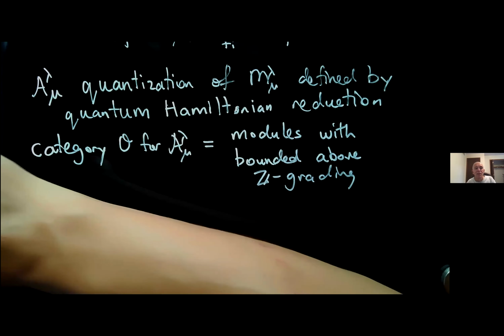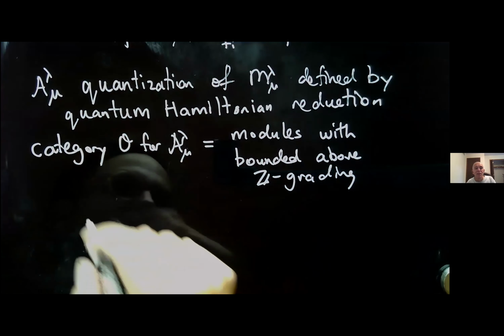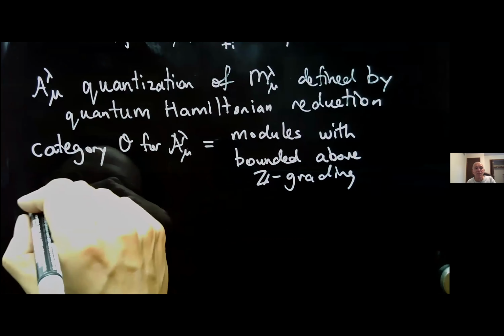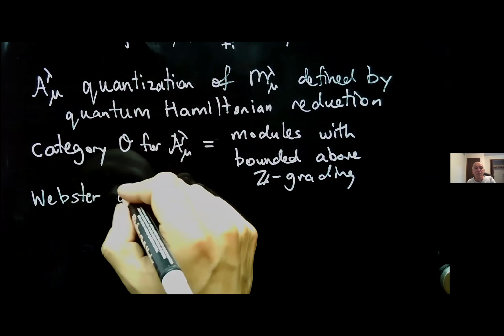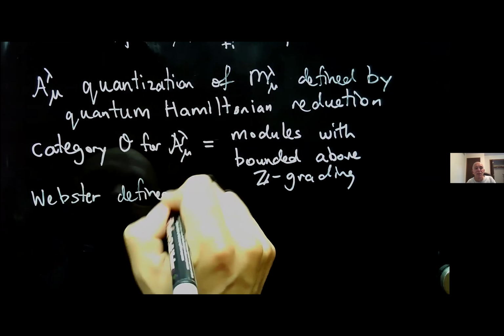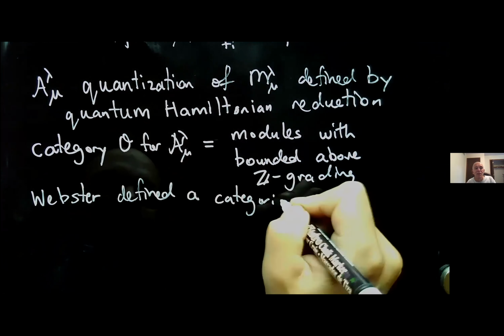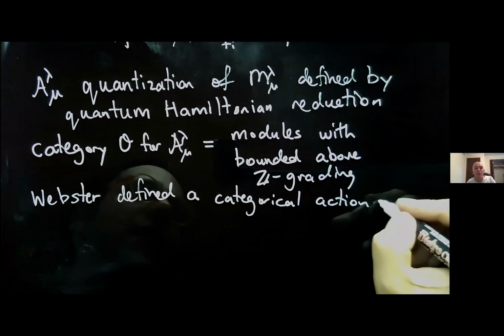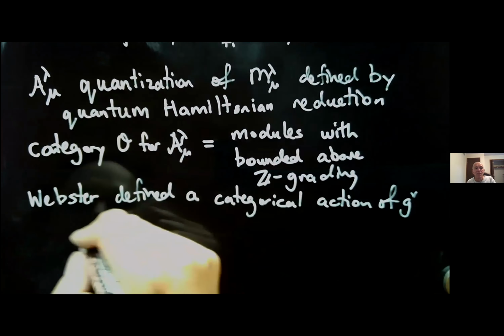And then, what I'm explaining now is in the work of Ben Webster. So he defined a categorical action. What does it mean, categorical action of G check? It means that we get functors EI and FI between these category O's.